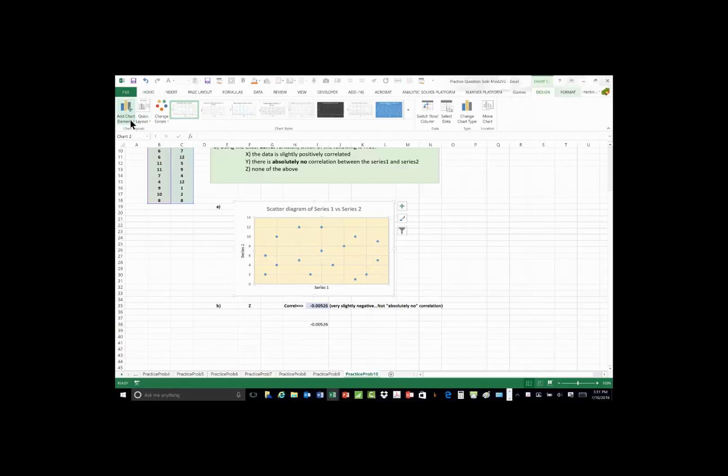Let's go to our chart menu over here. It was hidden. Add elements, add a trend line, add a linear trend line. There's my linear trend line. You see it's almost flat. If it was completely flat, it would be exactly 0, but it's slightly negative. It's hard to tell from this picture, but it actually has a slightly negative slope.